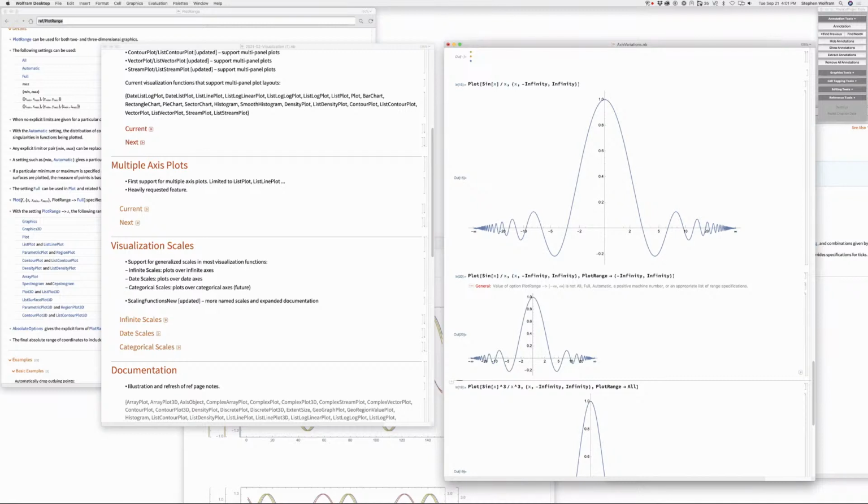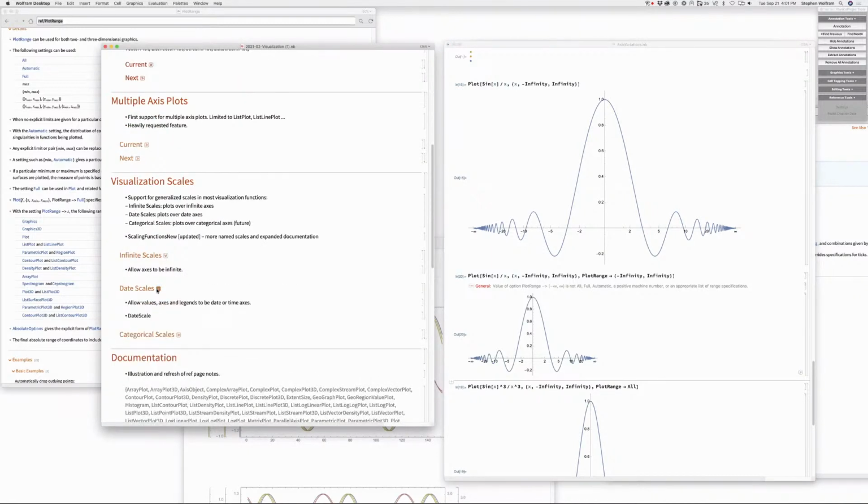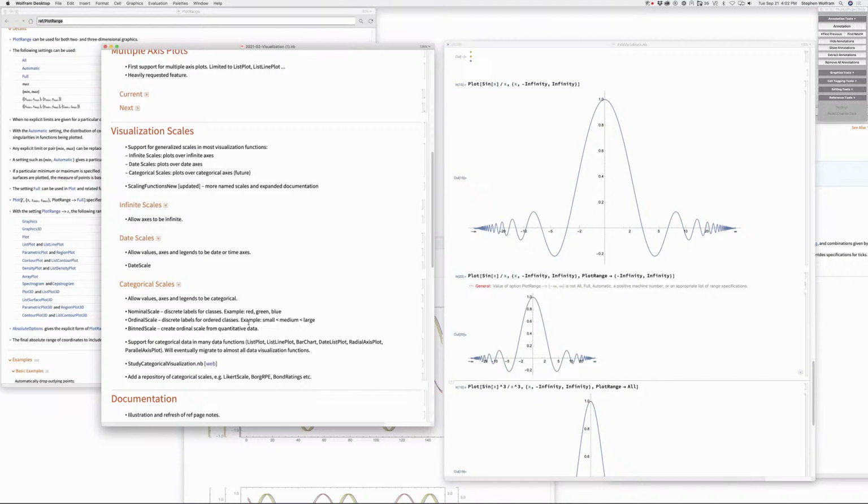I'm not sure we have to specify the scaling. I think not all the options are fully expanded out for this sort of thing, but also by default, it saw that you had infinities in your X ranges, and so it auto switched to the scaling function for the X direction for that, but not for the Y.